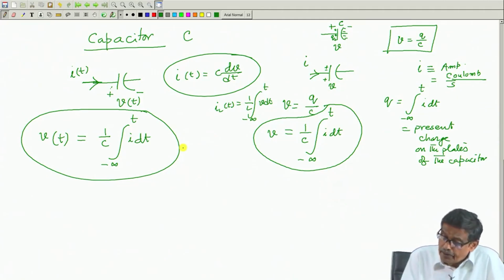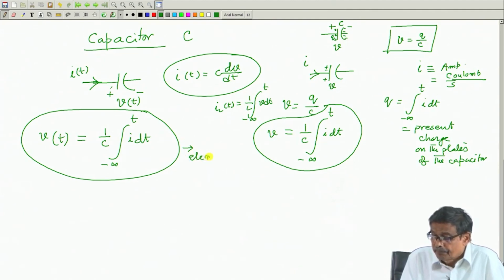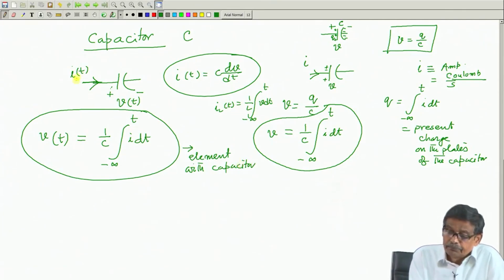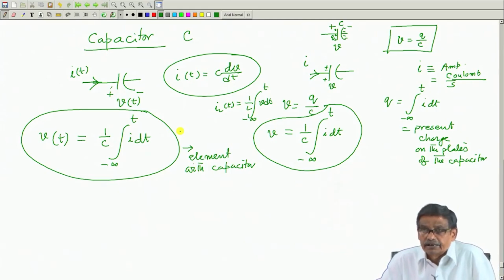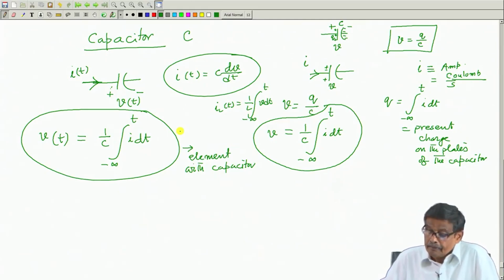So, the capacitor is a circuit element with memory. Got the point? So, this is important: the direction of the current, the polarity of the voltage, and their differential form of relation and integration form of relation. That is the thing.